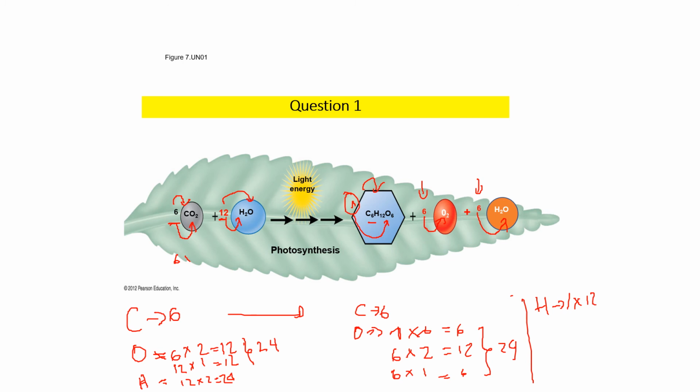And here you get 6 multiplied by 2. So here you have 12 plus 12. So you get 24. So you have everything right.